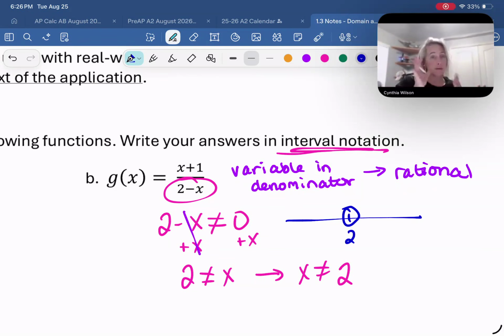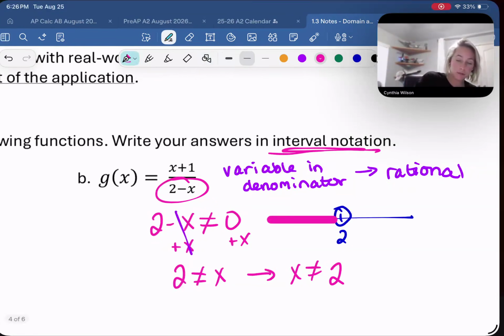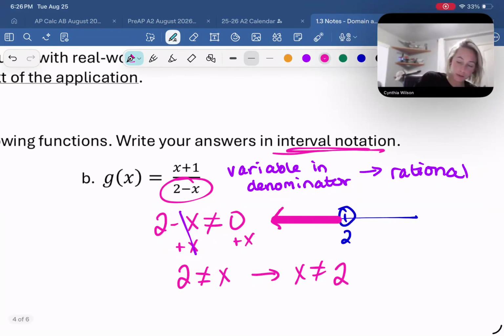Okay, we haven't seen one of these yet. All right, since that's the only excluded value, that means everything less than positive 2, and everything greater than positive 2.